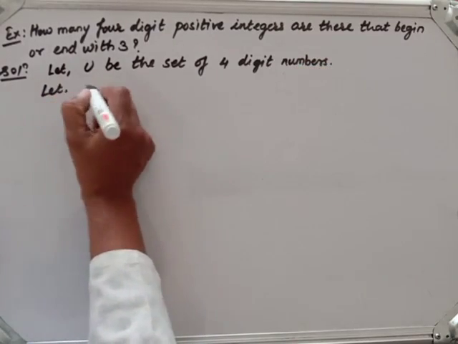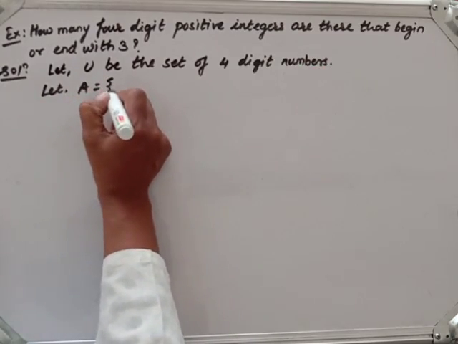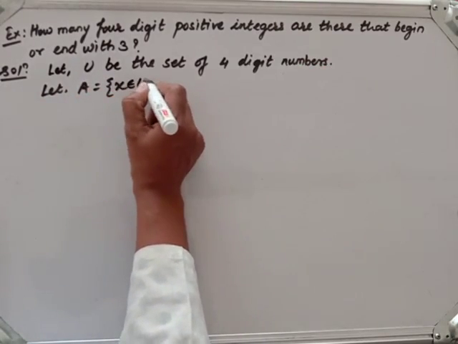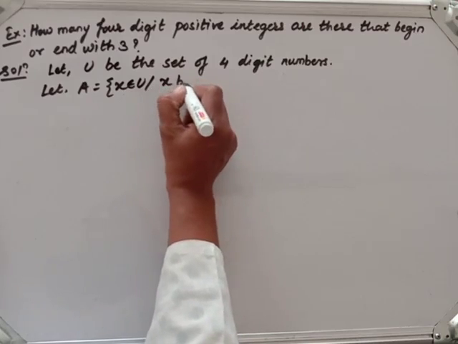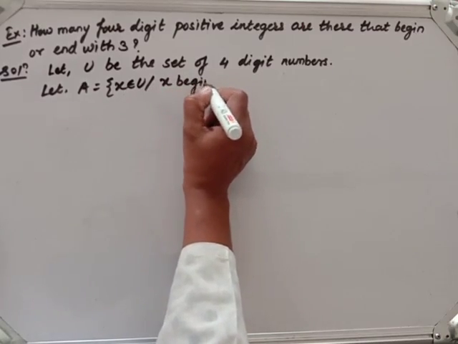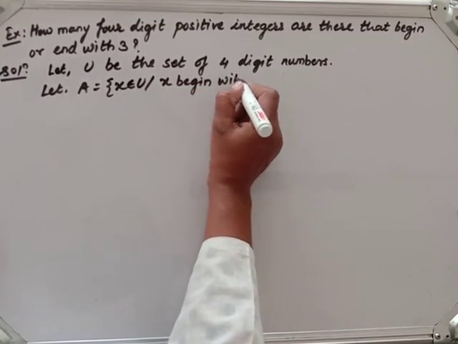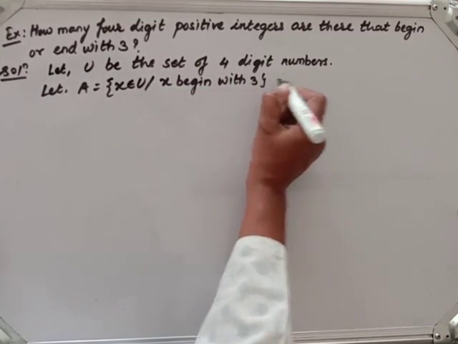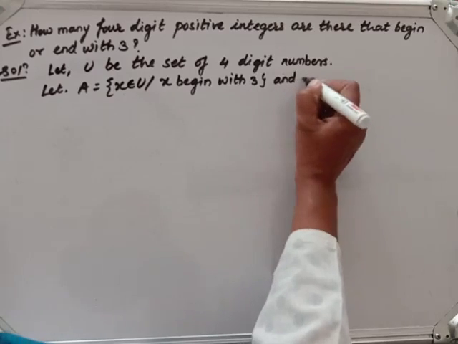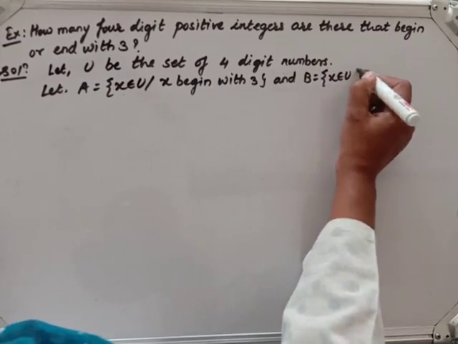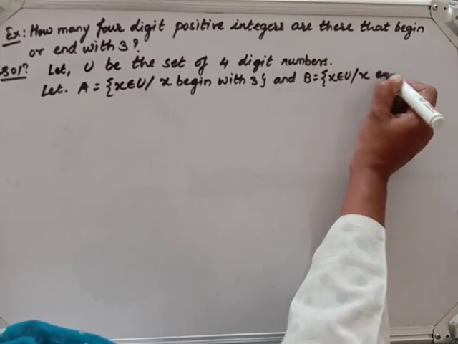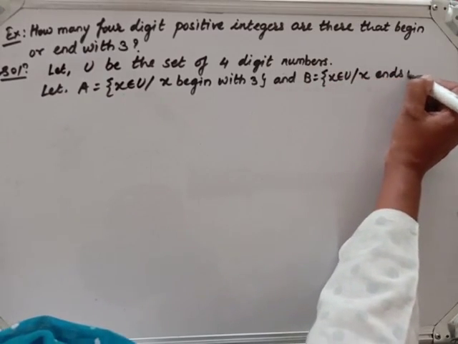Let A be the set of such elements in U that begin with 3, and B is the set of elements from U such that it ends with 3.